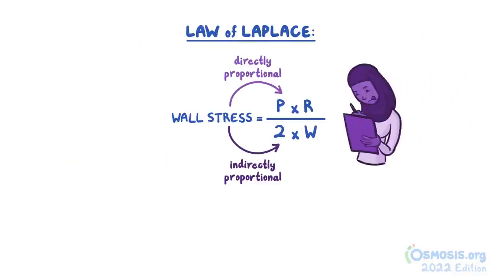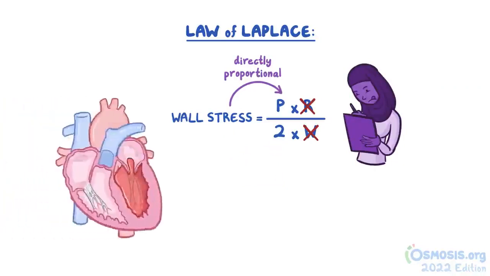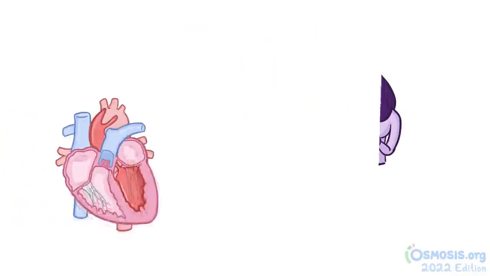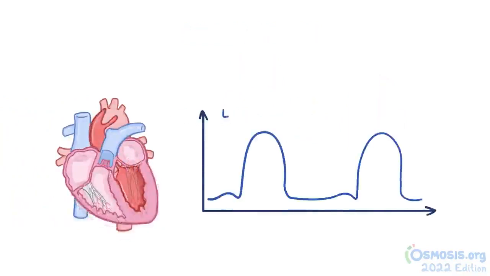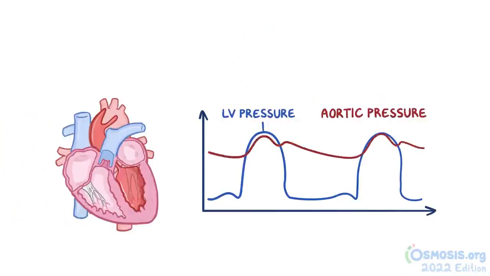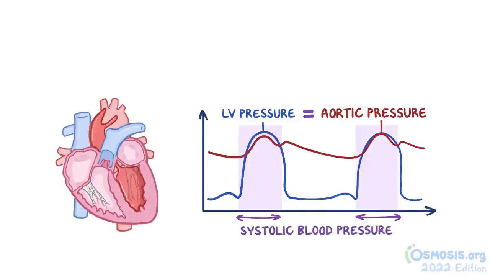Instead, clinicians simplify the equation by eliminating 2 variables, radius and wall thickness. So for simplicity's sake, we can say that left ventricular wall stress during ejection is proportional to left ventricular pressure during ejection. And if we assume that left ventricular pressure during ejection is equal to aortic pressure during ejection, then we can say that left ventricular pressure during ejection is equal to what we commonly know as systolic blood pressure.